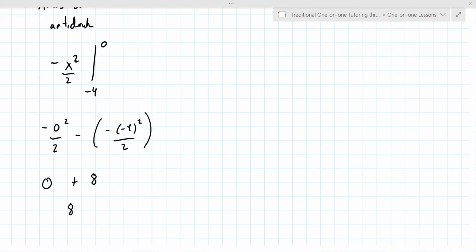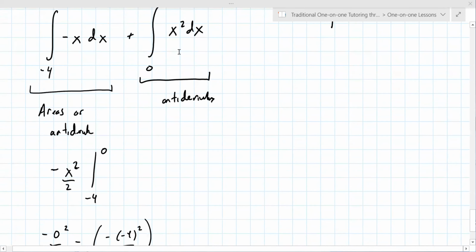Okay, and then the other one is x cubed over 3, right? Yes. So let's go back up and do that one. 2 cubed over 3, from 0 to 2. So that's 8/3, right?